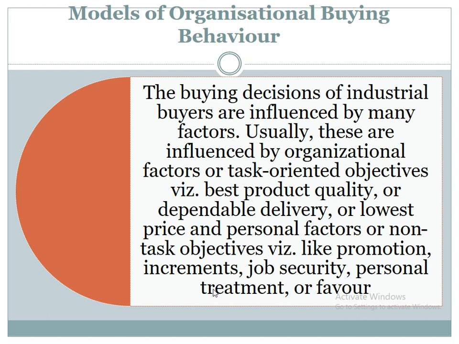The buying decisions of industrial buyers are influenced by many factors. Usually, these are influenced by organizational factors or task-oriented objectives, namely best product quality, dependable delivery, or lowest price, and personal factors or non-task objectives, namely promotion, increment, job security, personal treatment, or favor.